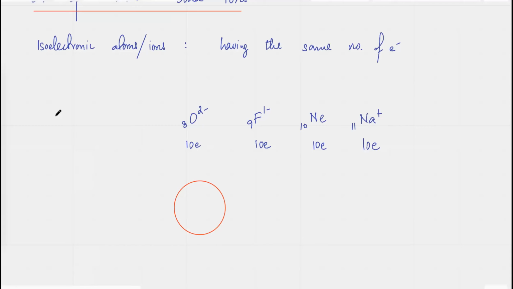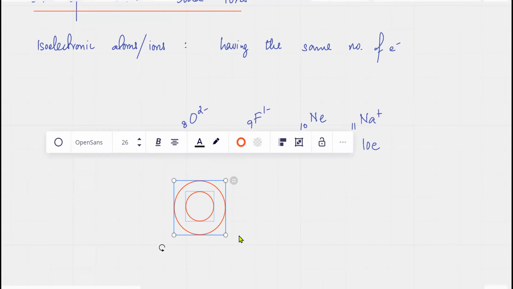So I'm going to draw these 4 atoms and the electrons. This should be another shell. So this is our atom.